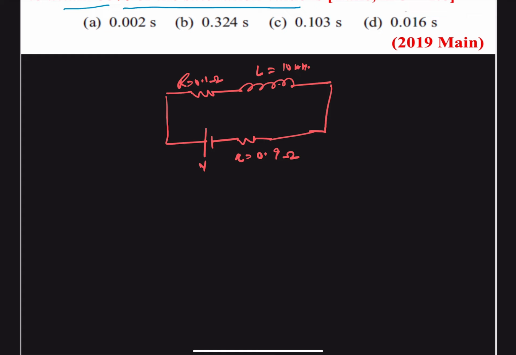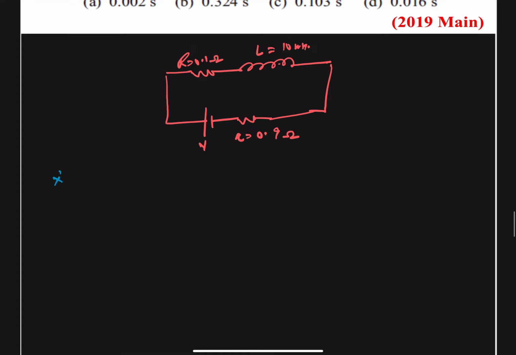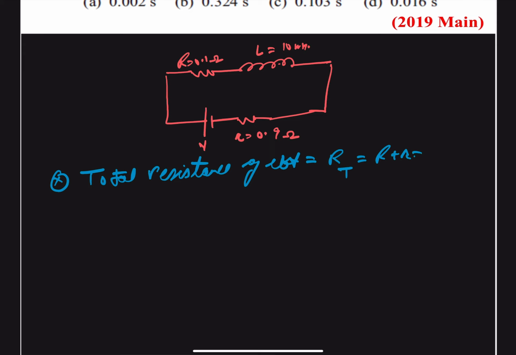First of all, let's find out the total resistance of the circuit. Total resistance, let us call that RT, will be equal to R plus small r, that is 0.1 plus 0.9, and this gives us a total of 1 ohm.